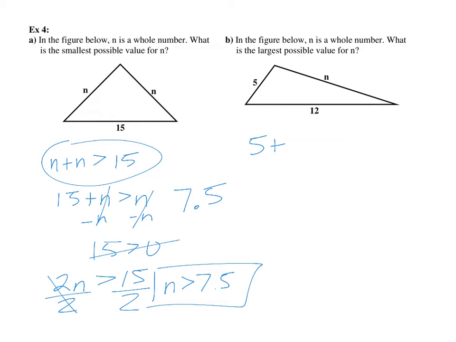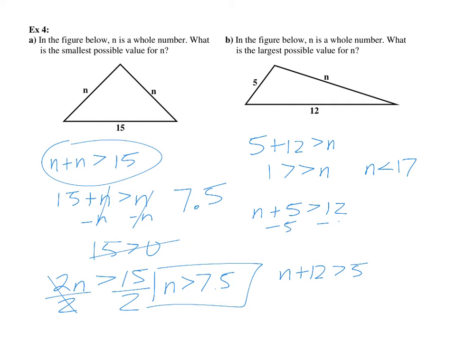All right, I'm going to have a couple different setups here according to the triangle inequality theorem. Then I have n plus 5 is greater than 12. n plus 12 is greater than 5. Okay, so here I have 17 is greater than n, or n is less than 17. Here I subtract 5. I have n is greater than 7.